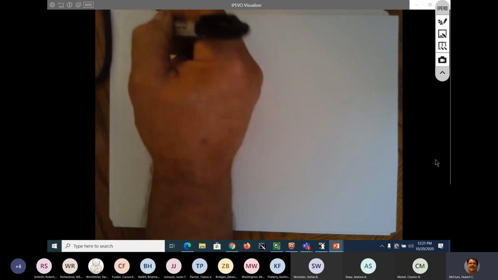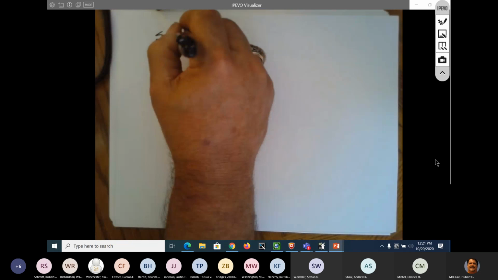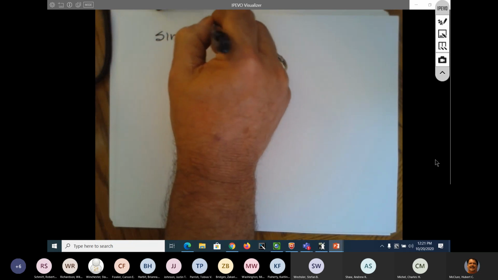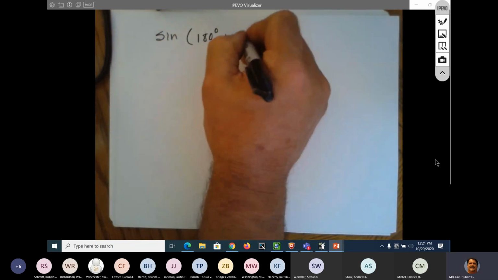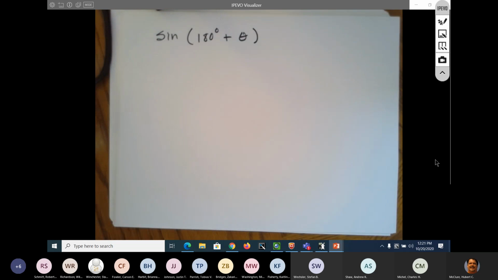Let's do that last one. Sine of 180 plus theta. And I'm going to let y'all do this one. You'll either come out with a number or a trig function, one of the two, because sometimes the numbers cancel out.